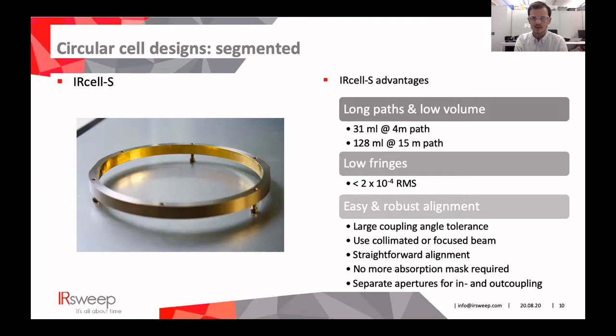Also, we could remove the absorption mask, which is advantageous for a few customers that were concerned with adsorption to the IR absorbing Teflon before. So this problem is removed.